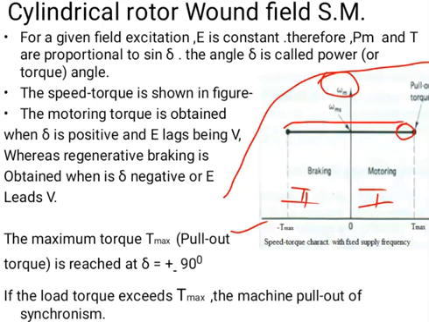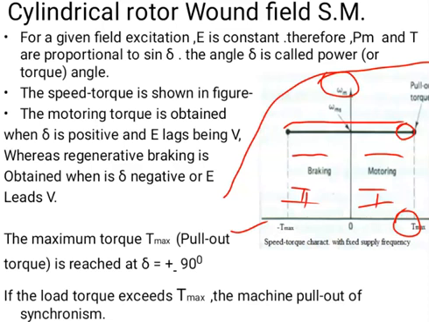We know that this is the pull out torque, or we can say this is the maximum torque. This is the motoring region and this is the braking region.